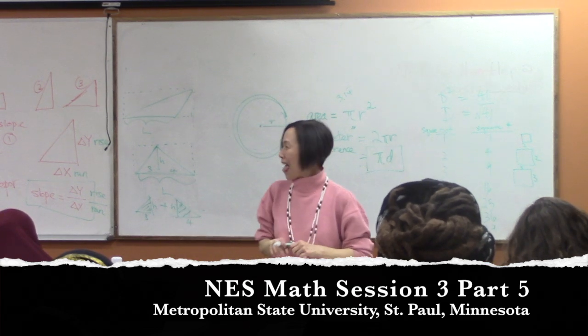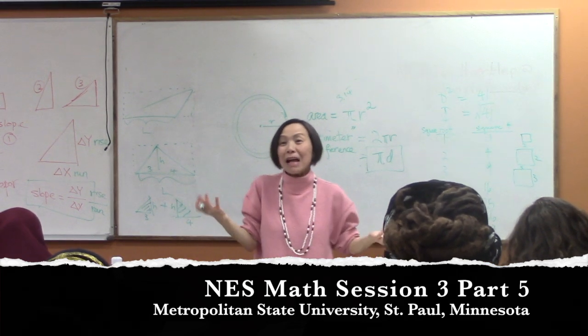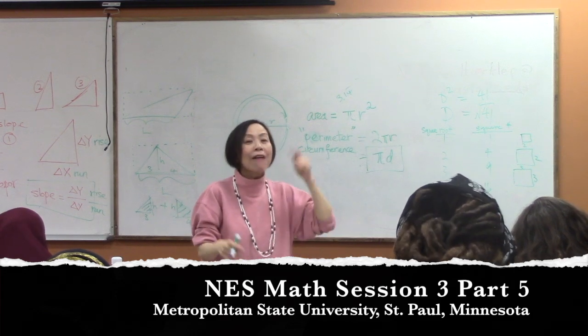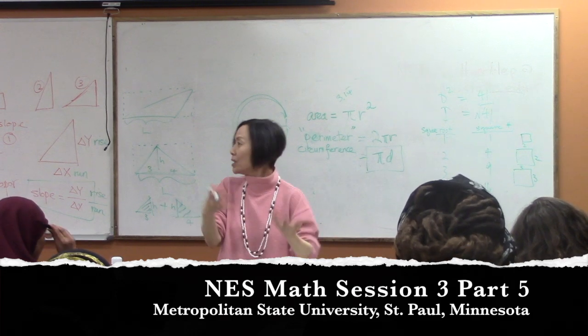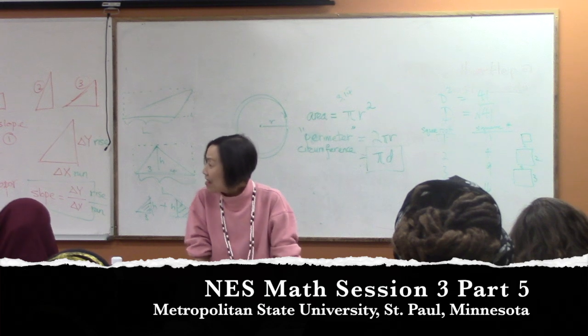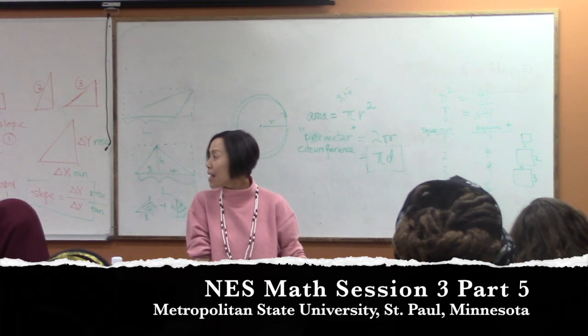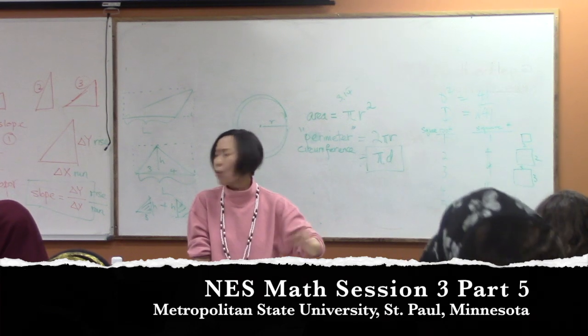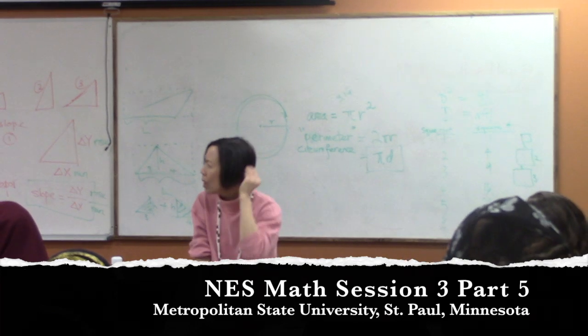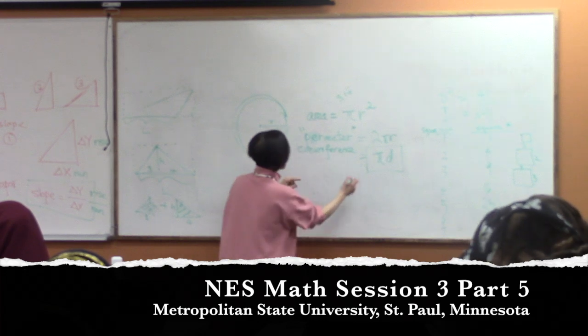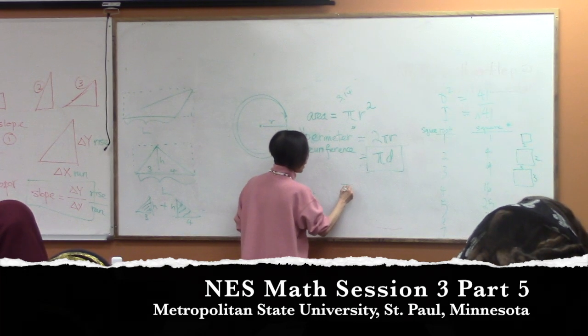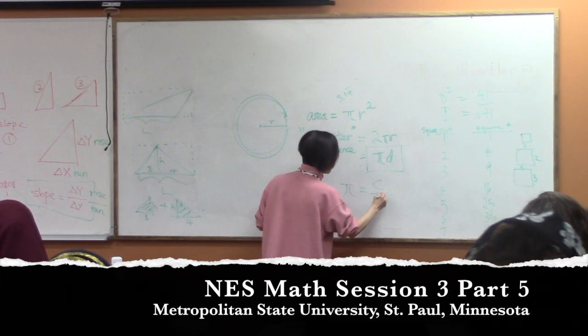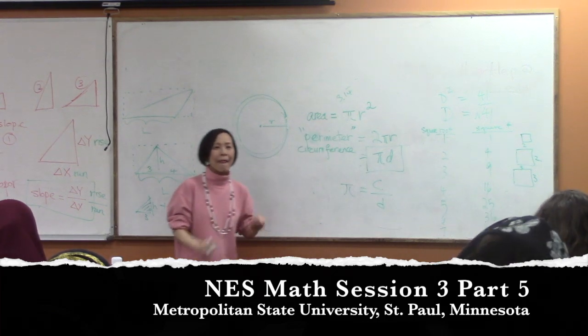Who did that first? Well, that's what mathematicians do. They realize that every time they do it, it's always the same answer. And that's why they came up with pi. No matter what circles they did, there's a relationship, because pi is equal to the circumference over the diameter.